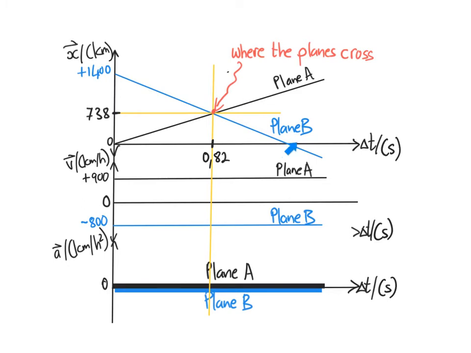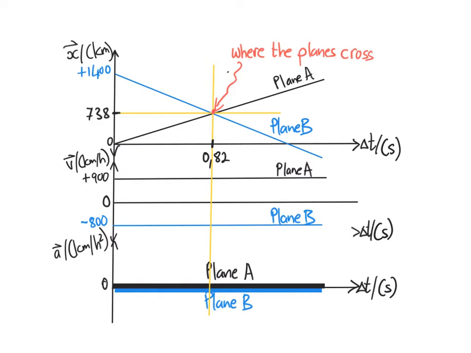We don't know what its destination is. If its destination is airport A, and for plane A it is airport B, then these graphs should stop here, although no, we've got to be careful because they're traveling at different speeds. Certainly plane B would reach the 1,400 kilometers at this point.